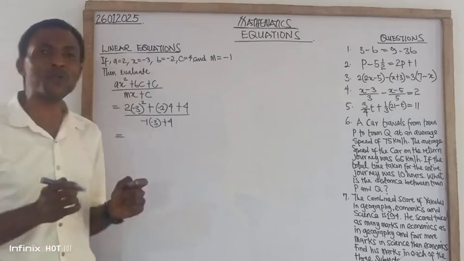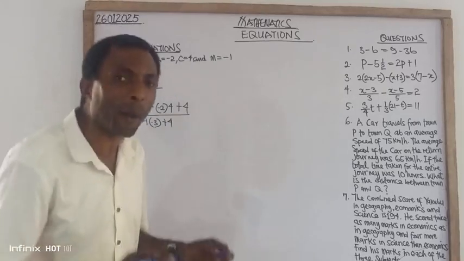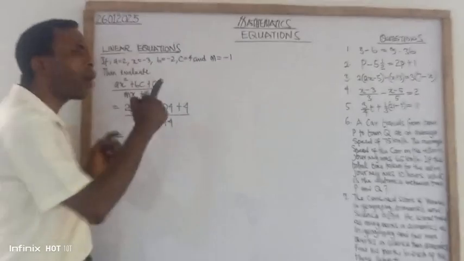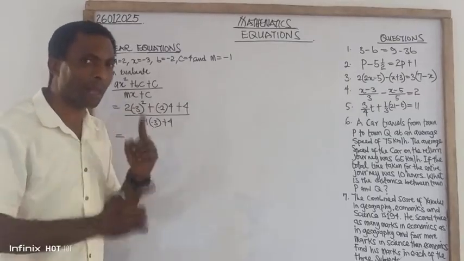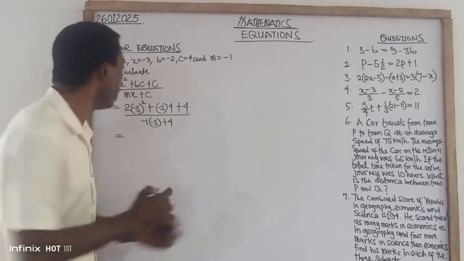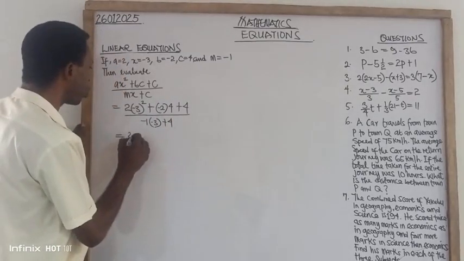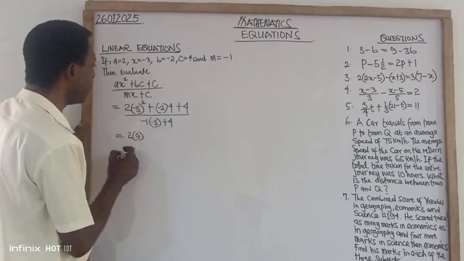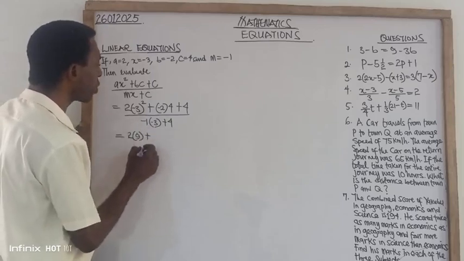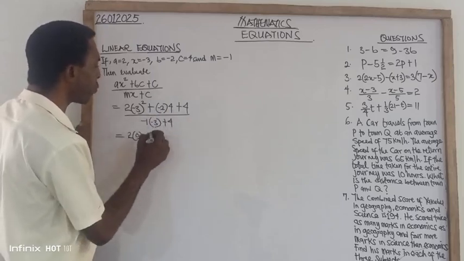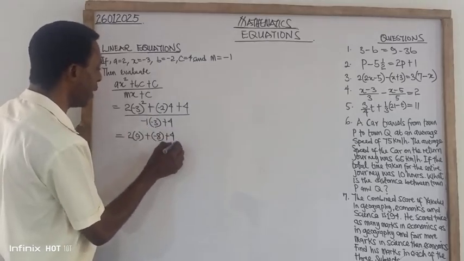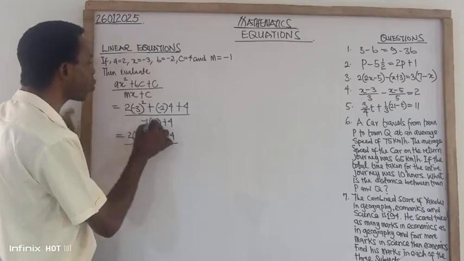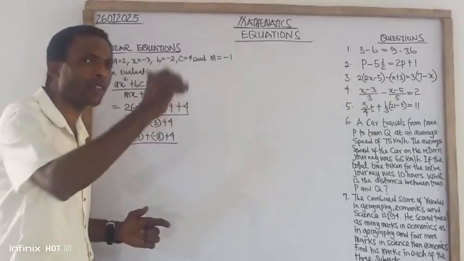The first thing is, find the index, the power first. So minus 3 squared will give us 9. Why? Minus 3 times minus 3 will give us plus 9. So what do we have? We have 2 into 9 plus minus 2 times 4 will give us minus 8, plus 4 again, all over minus 1 times minus 3 will give us plus 3.